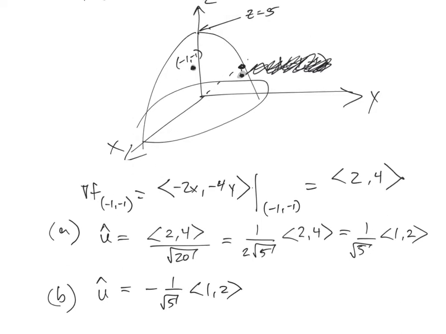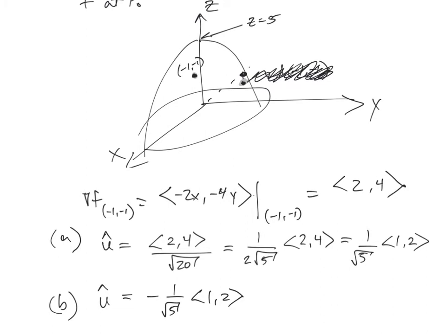So we would move in a negative direction in both x and y by that amount, which means we're going in this direction. We're going downhill, right? If we go in this direction, we go downhill on the surface. If we go a little bit in this direction, we go uphill on the surface. Because remember, this point is on the back side of this hill, right?